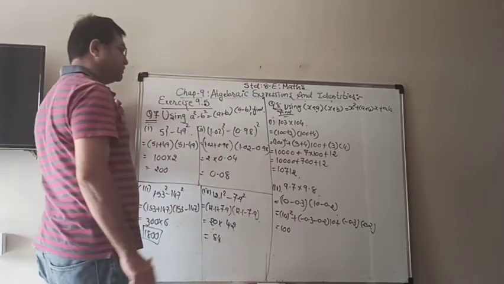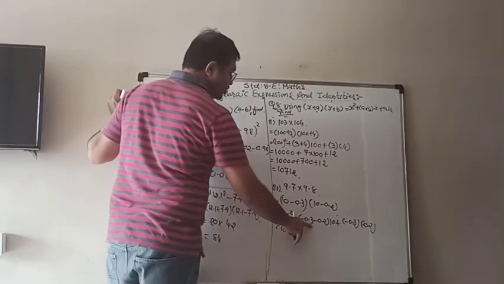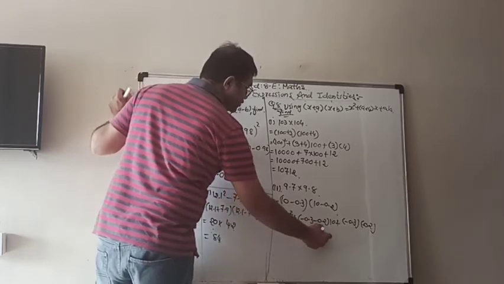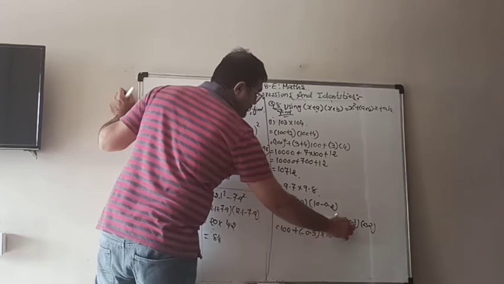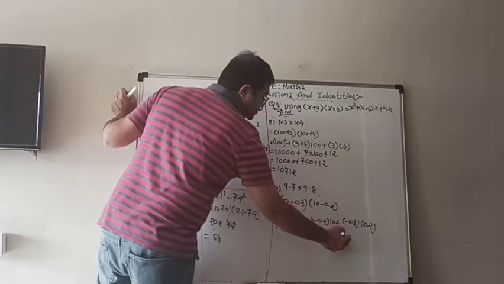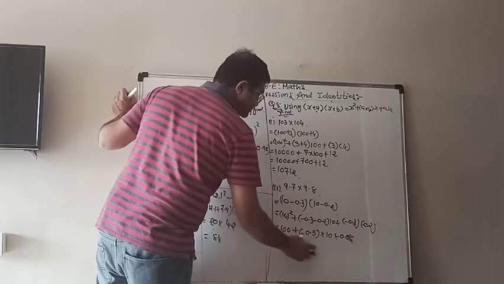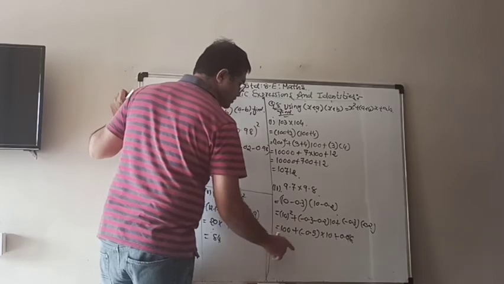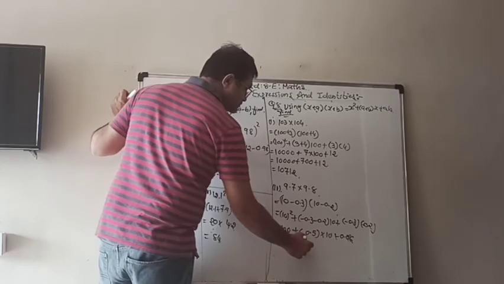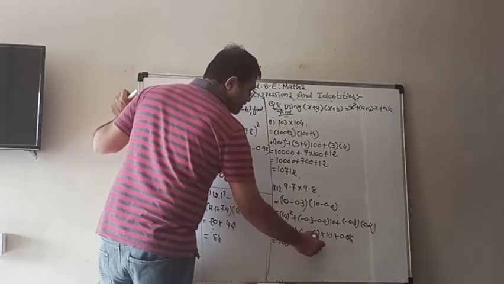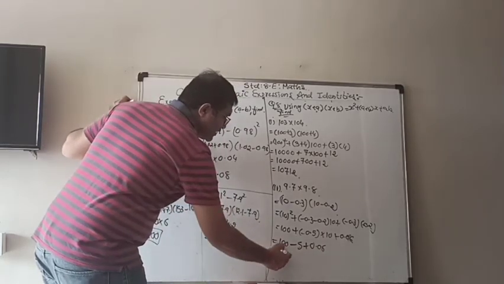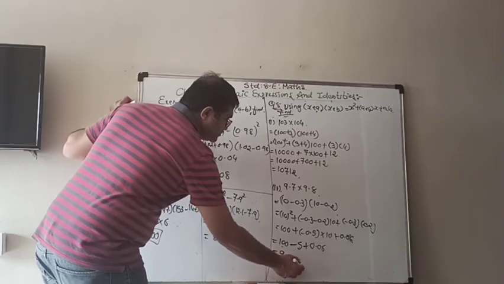So 10 square is 100. Now minus 0.3 minus 0.2 is minus 0.5 into 10. Minus into minus is plus, 3 2s are 6 and 2 decimals, so 0.06. So that is 100 minus 0.5 into 10, which is 5. So 100 minus 5 plus 0.06. So that is 100 minus 5 is 95, so 95.06.